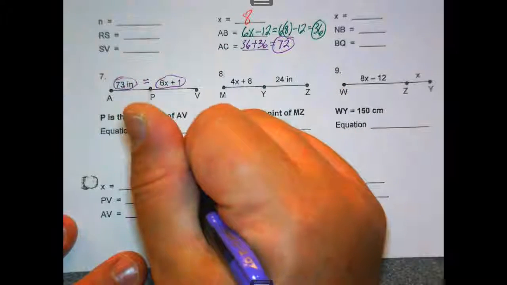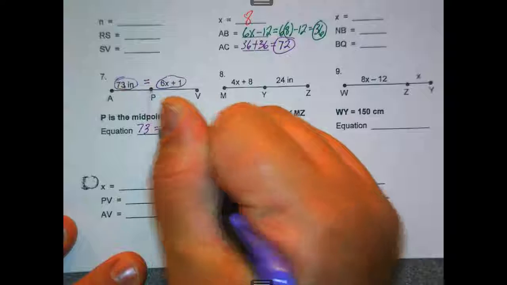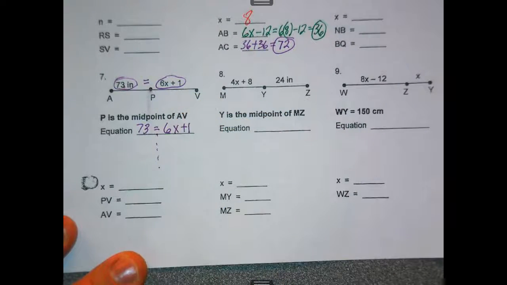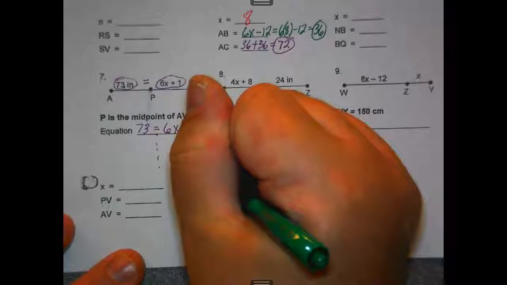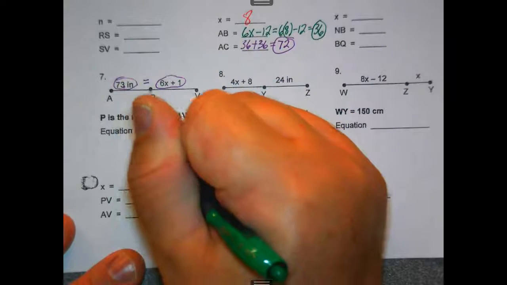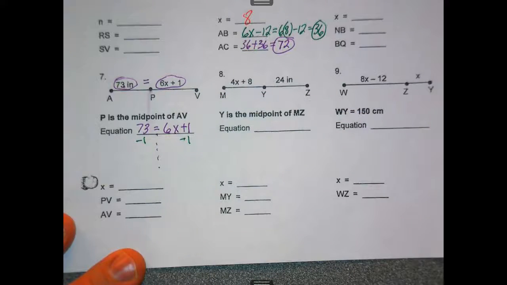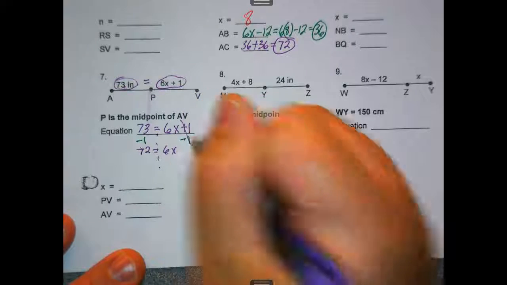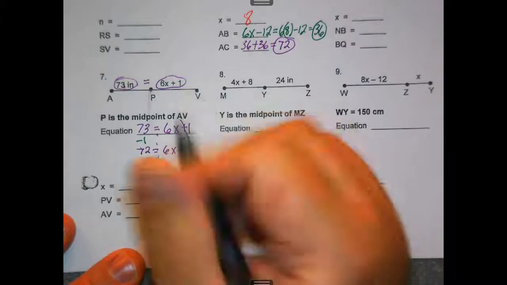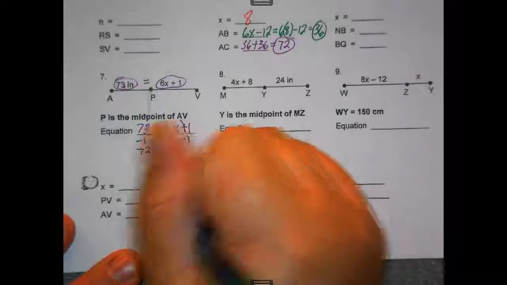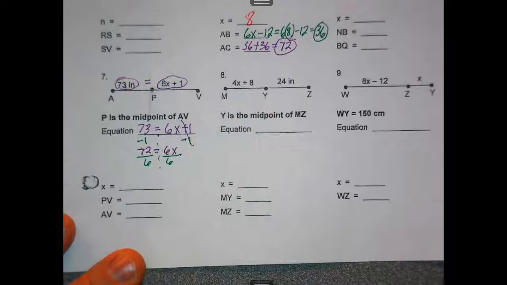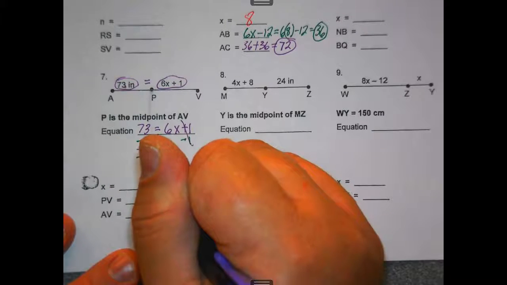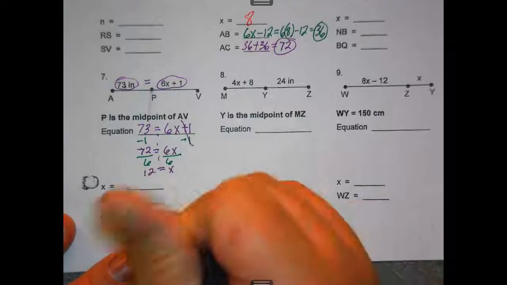So my equation, 73 equals 6x plus 1. I'm going to subtract 1. So I get 72 equals 6x. Then I'm going to divide both sides by 6. So x is going to equal 12.